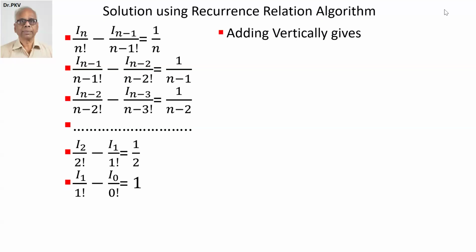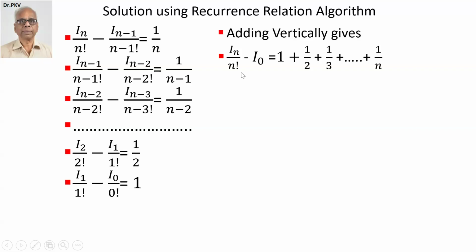Now, the interesting part comes. Adding vertically, if you keep adding the expressions vertically, the second term in all the expressions will get cancelled. And what you get in the final end is I_n divided by factorial n minus I_0, only that will remain. Everything till this part will cancel on the left-hand side.